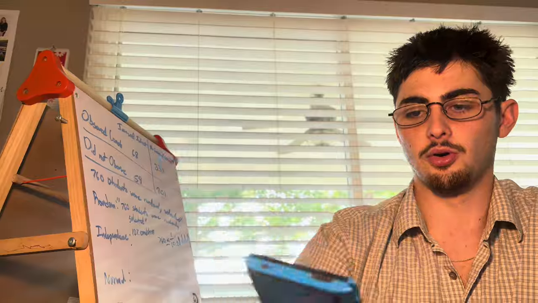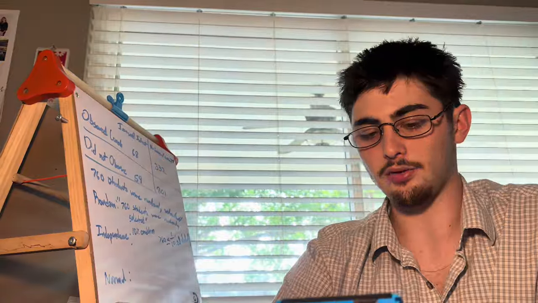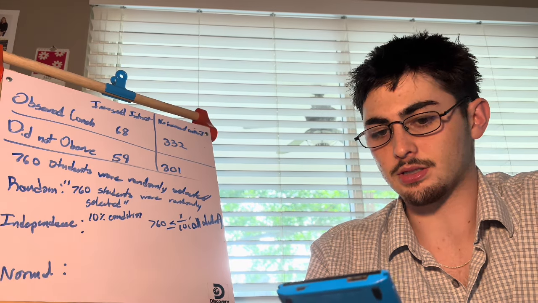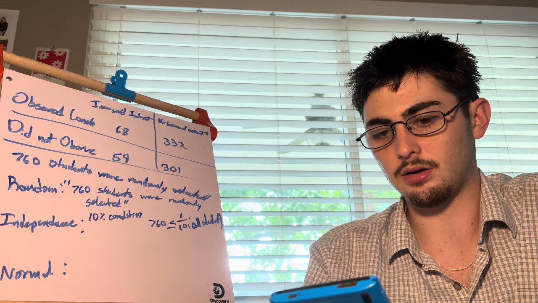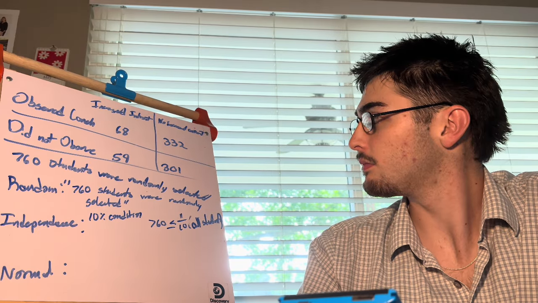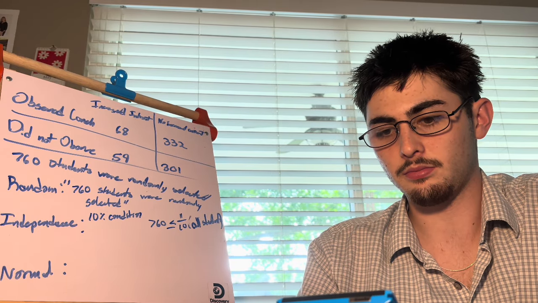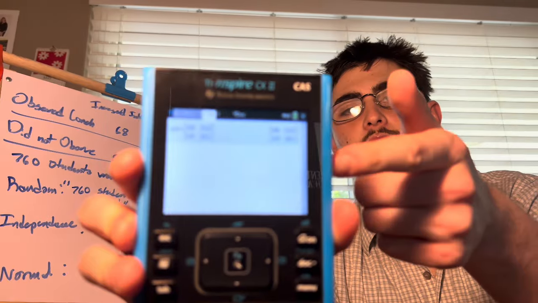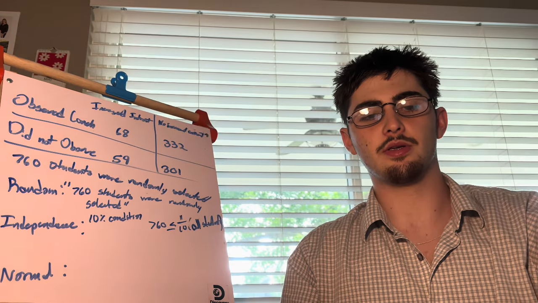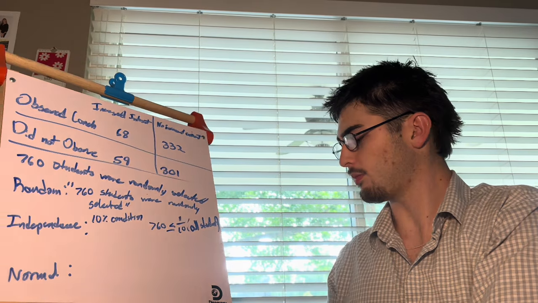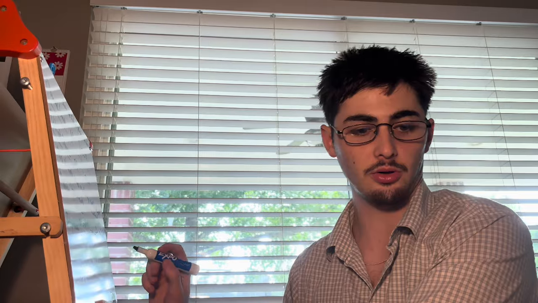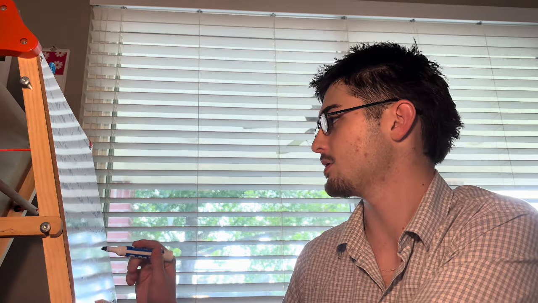So from there, you're going to input your information just like the graph. 68, 59, 332, and 301. And you're going to press enter. And it's going to give you some new numbers. So for the normal part of the check, you're going to write those numbers.